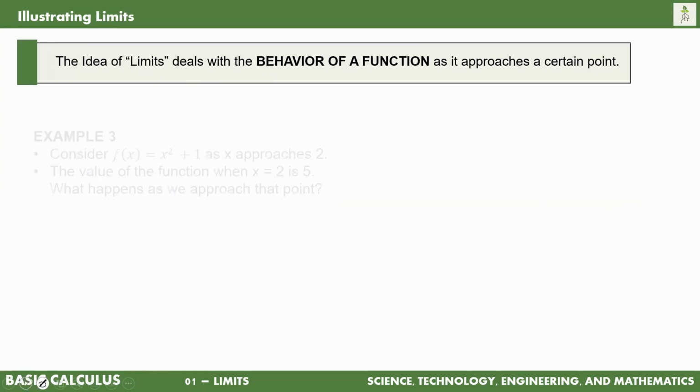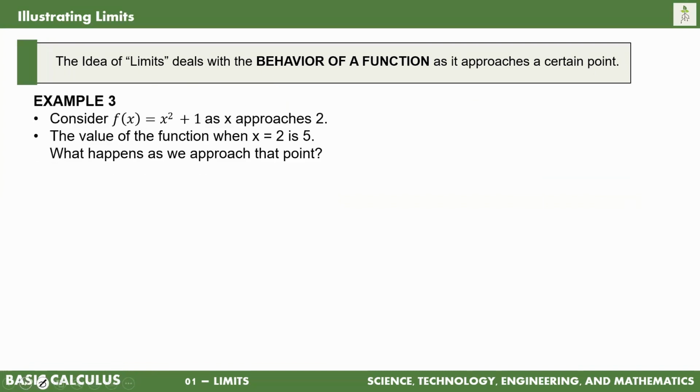So, another example, consider f of x is equal to x squared plus 1 as x approaches 2. The value of the function when x is equal to 2 is 5.